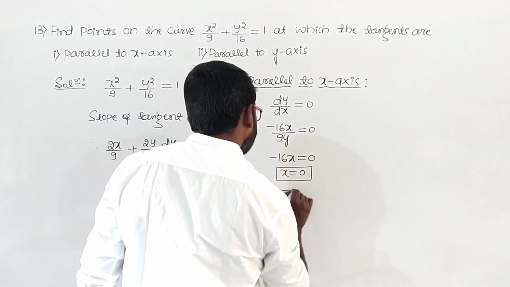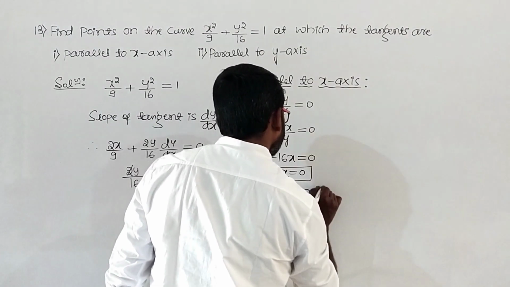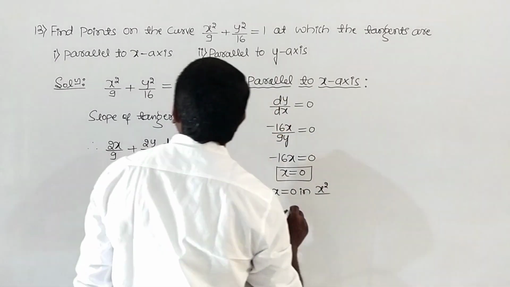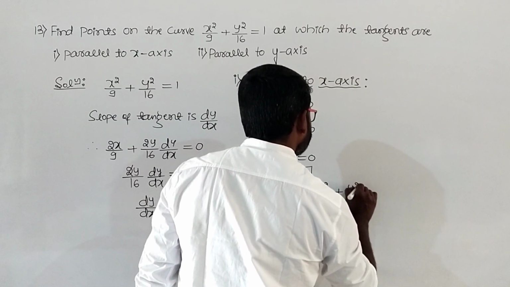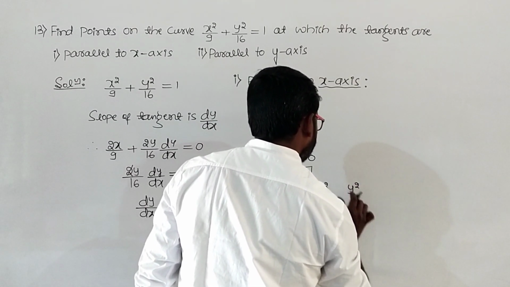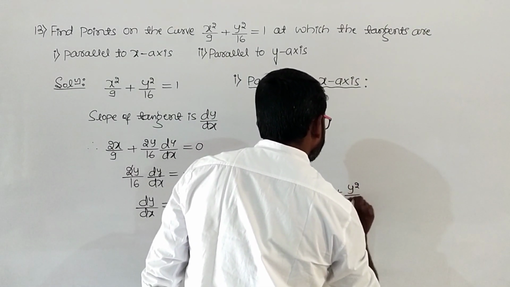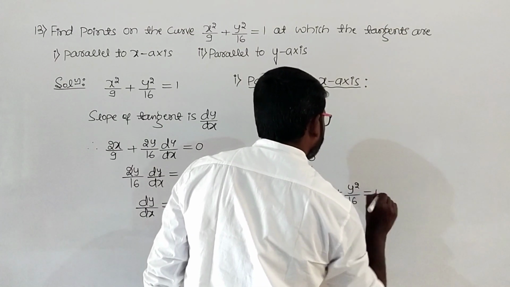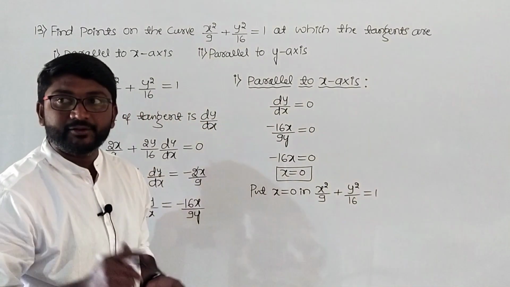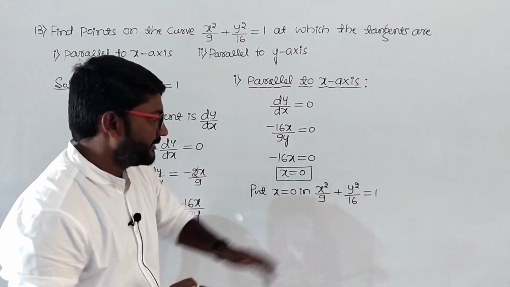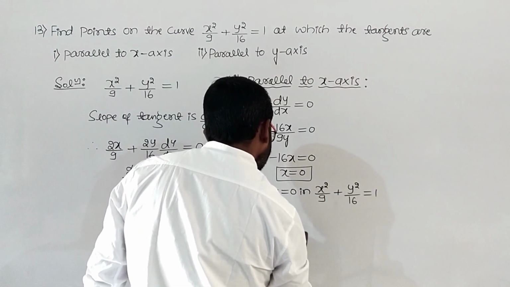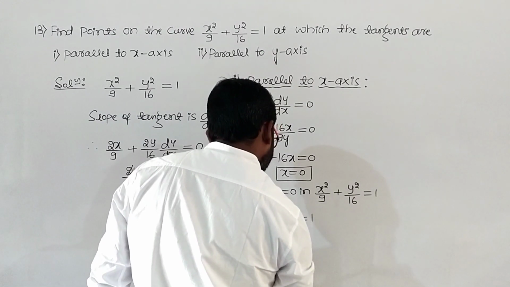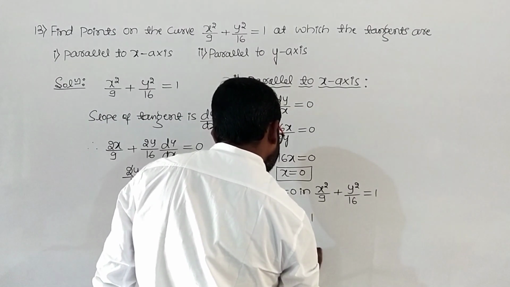Put x equal to 0 in x square by 9 plus y square by 16, which is equal to 1. See here, x is 0, that means the first term becomes 0. So overall we get y square by 16 is equal to 1, and that means y square equal to 16.